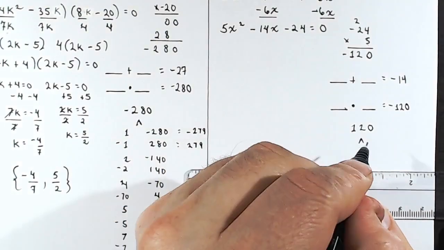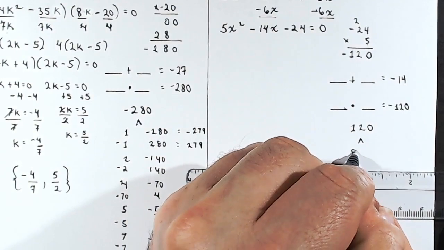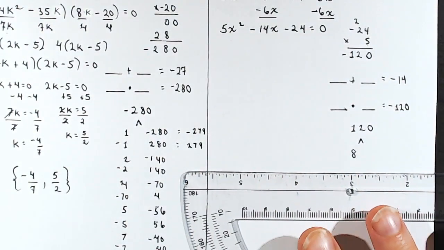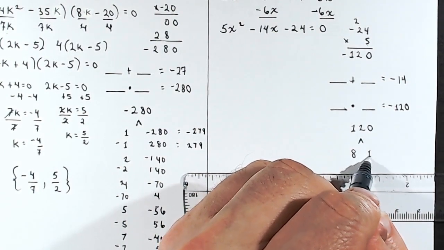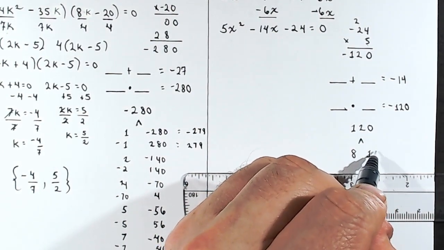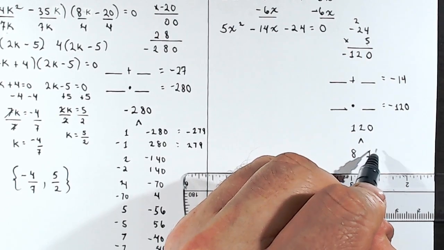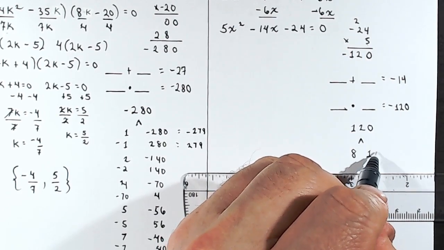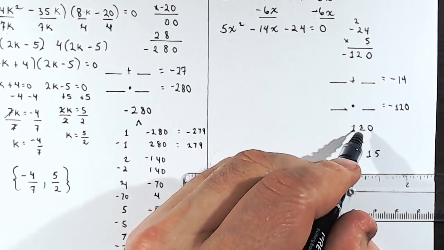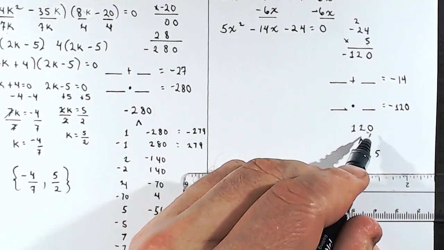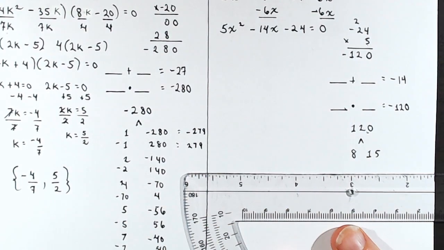8. So let's see, 8 times what equals 120? Well, 8 goes into 12 once with 4 as a remainder, and then you have this little 4, and so then you say, how many times does 8 go into 40?